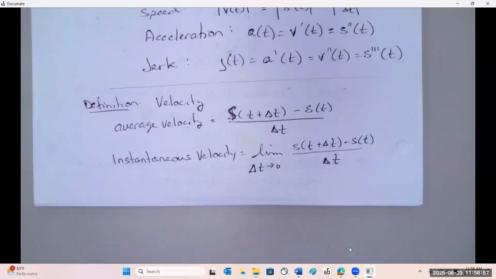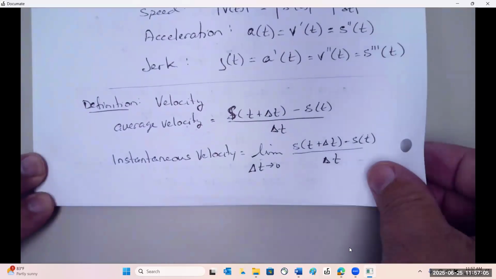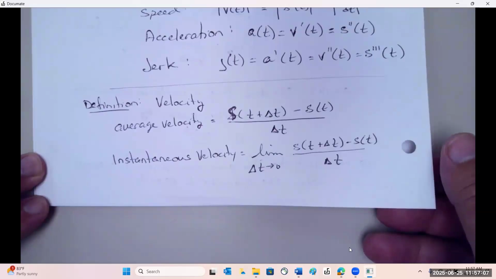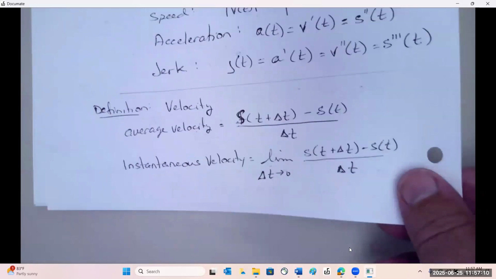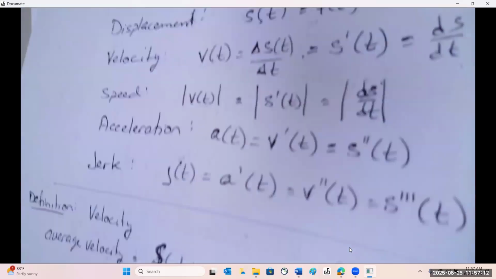Again, so you see the difference between average and instantaneous. Average doesn't have the limit, instantaneous has a limit. And the definition of speed is the absolute value of velocity.